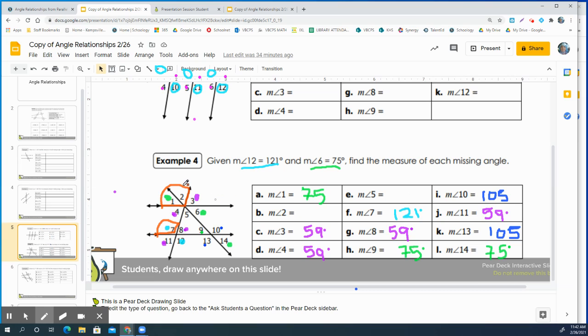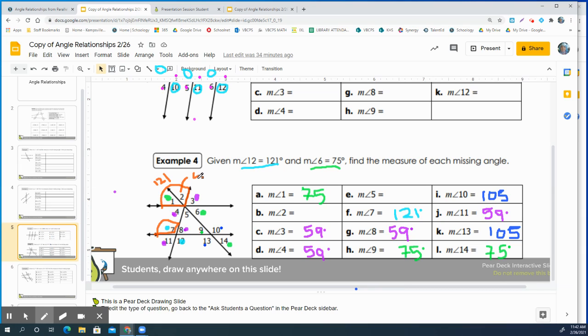So angle 7 was 121. So this whole piece is 121, and this little green piece is 75. So if I know this piece is 75 and the whole thing is 121, what's the missing piece of angle 2? What is it? 46?